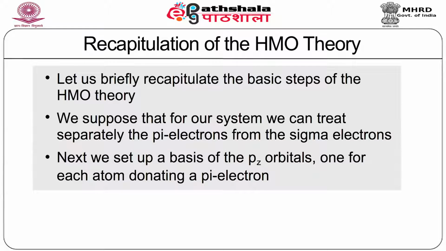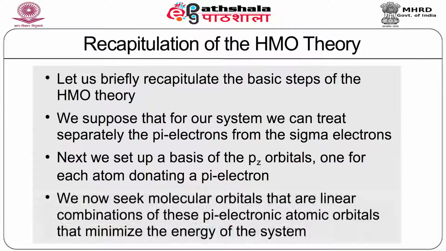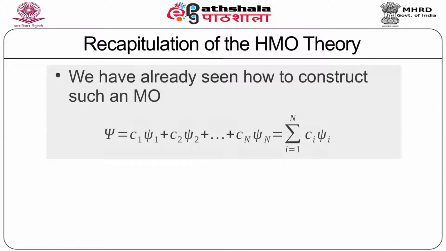And then we set up a basis of the pz orbitals, one for each atom donating a pi electron. And then we seek molecular orbitals that are linear combinations of these pi electronic atomic orbitals that minimize the energy of the system. We have already seen how to construct such molecular orbitals.